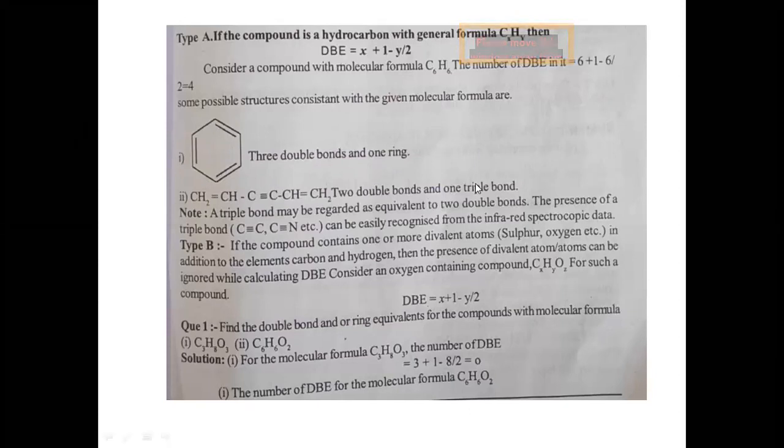Okay. So 4 unsaturations are there. A triple bond may be regarded as equivalent to 2 double bonds. The presence of triple bond may be easily recognized with the help of IR values.